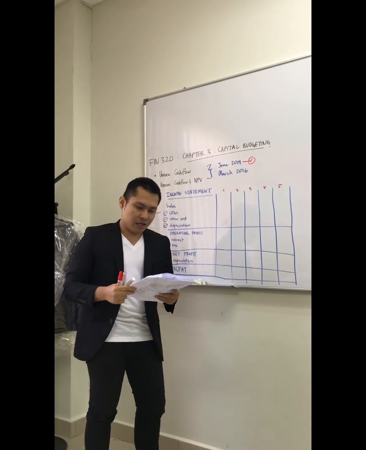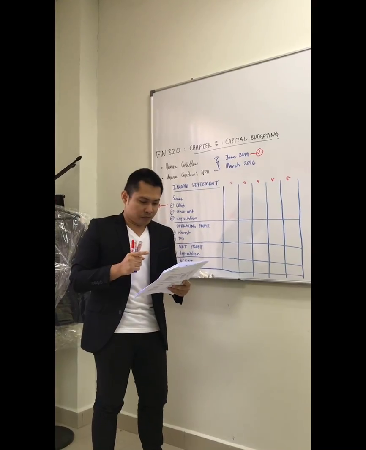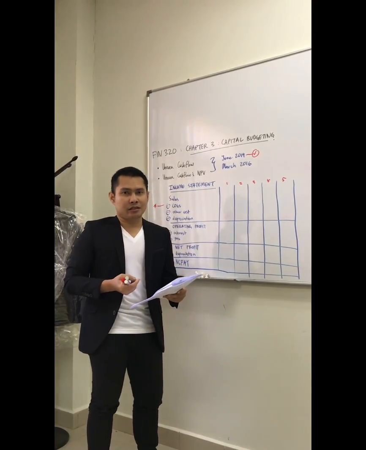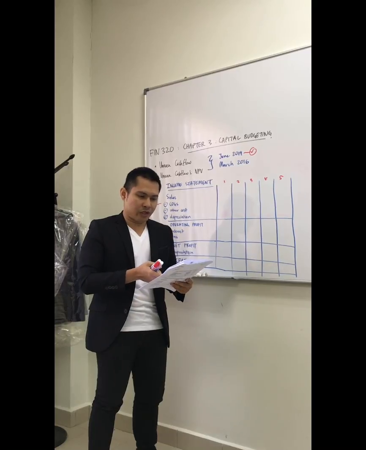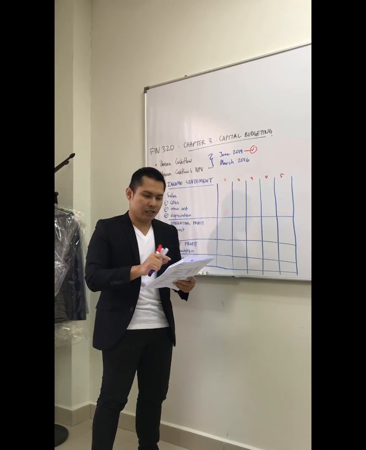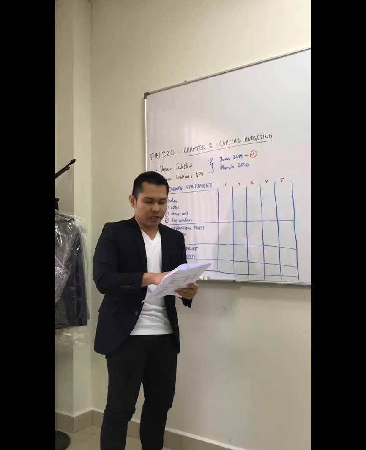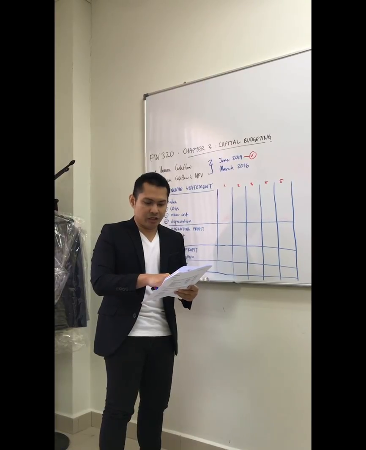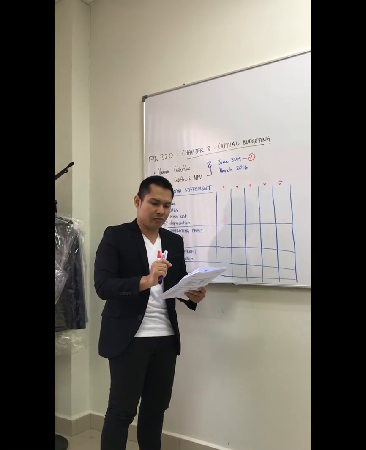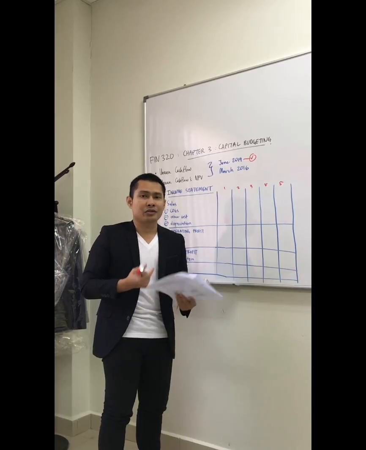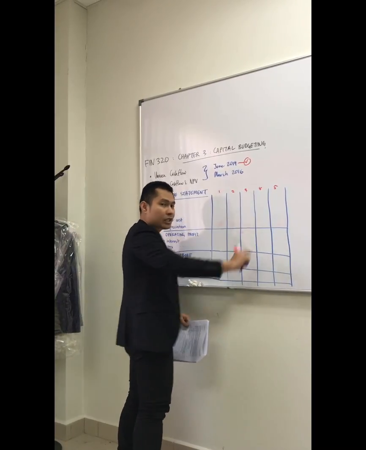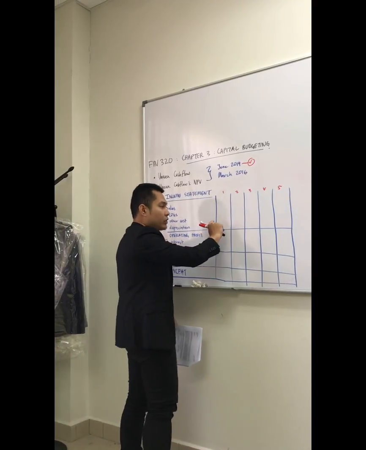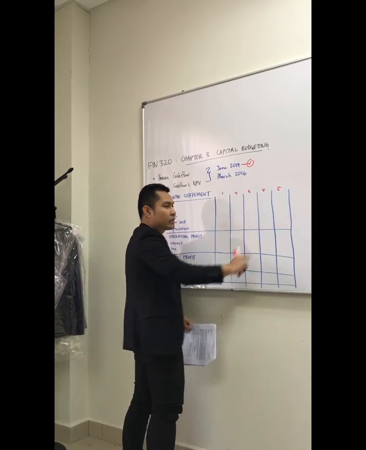Alright guys, so let's look at June 2019, the past year. If you look at this question, there is a sentence where it says that the company's policy is to provide annual depreciation based on the straight line method. Straight line method means that the depreciation is constant, the same figure every year.